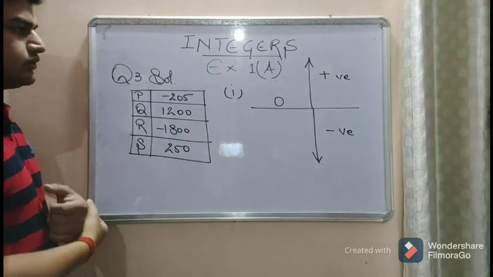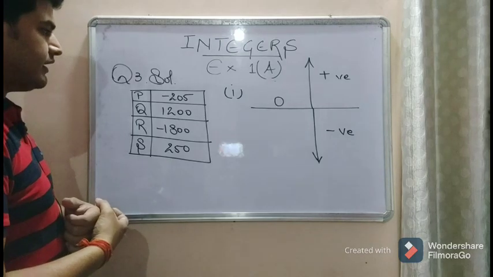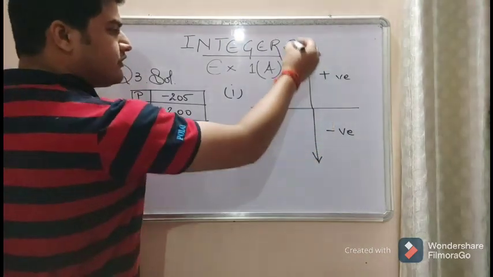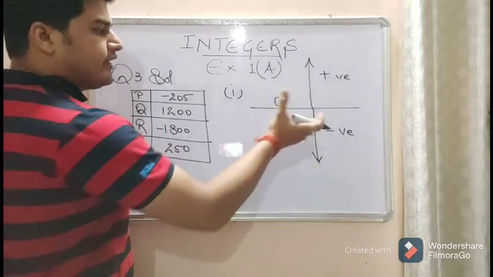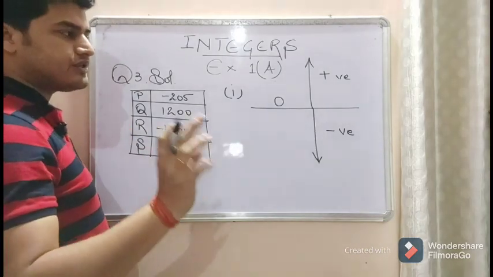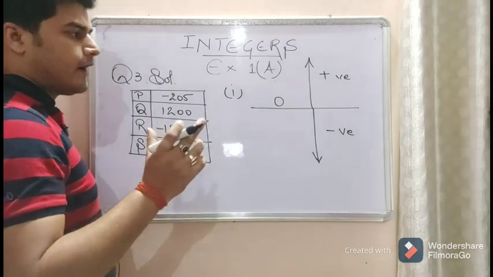It does not play any significant role whether it is positive or negative. Positive and negative just tell you the direction, whether it is above the sea level or below the sea level. You have to tell the distance, and distance is not specified with any sign, positive or negative.